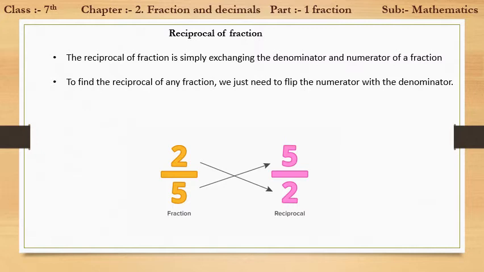To find the reciprocal of any fraction, we just need to flip the numerator with the denominator. We have to just exchange the numerator and denominator with each other, then we get a new fraction that is the reciprocal of the given fraction.